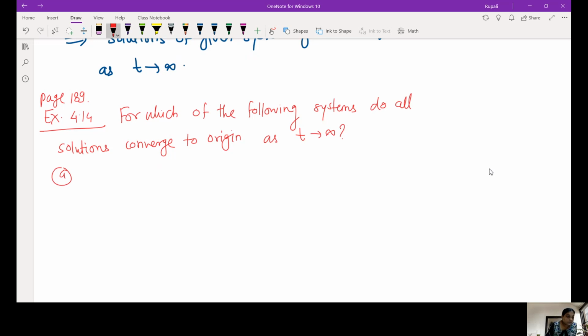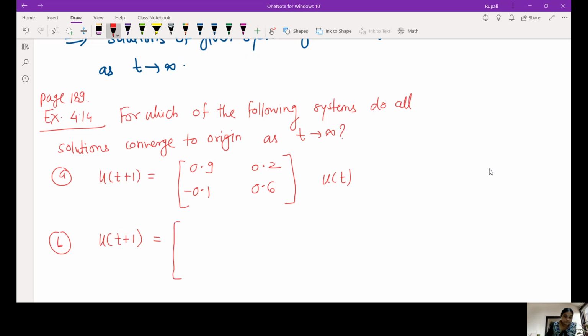In that, you can take the first one, x(t plus 1) is equal to the matrix 0.9, 0.2, minus 0.1, 0.6, times x(t). The second one you can take as 3 by 3, so you will have 3 eigenvalues: 0, 1, 0, 0, 0, 1 and 1, minus 3, 3.